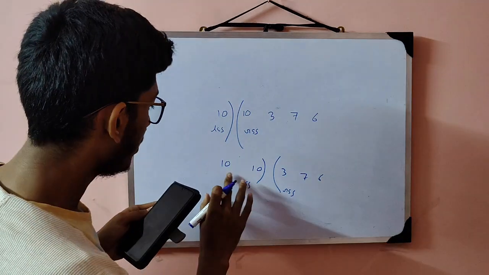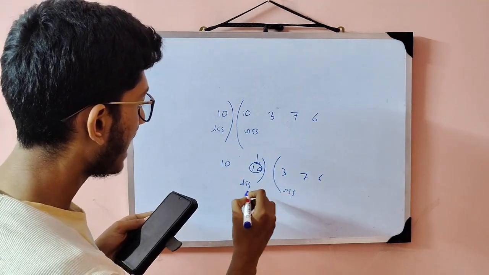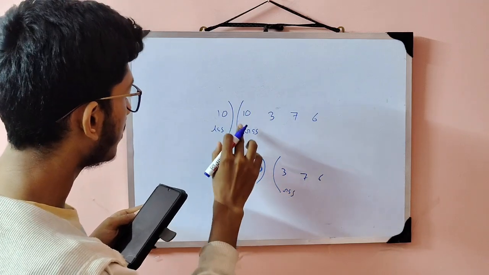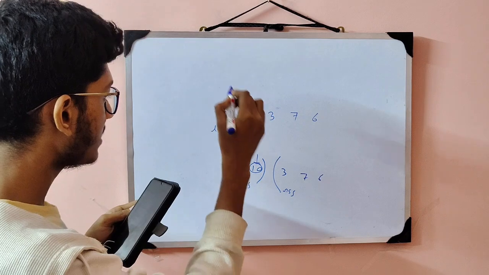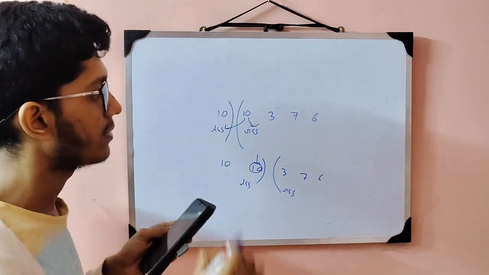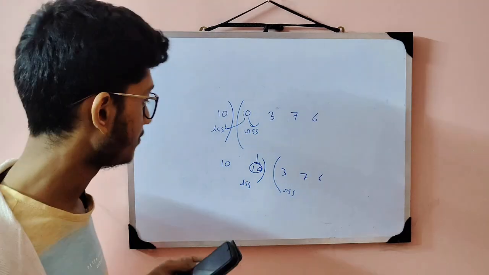See here, we add the ith element to the left subarray sum and we subtract 10. For the next iteration, we add 10 to the left subarray sum and subtract it from the right subarray sum. Then we can go on to the next iteration.